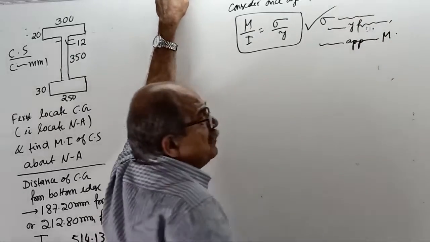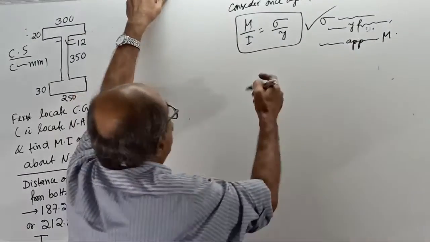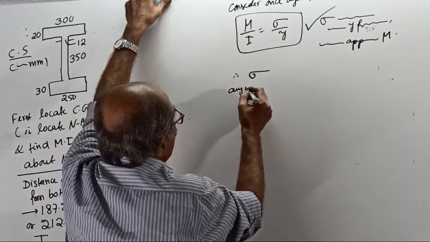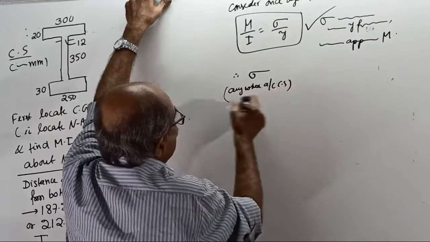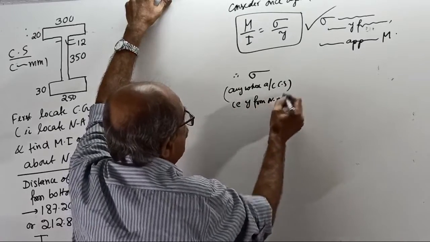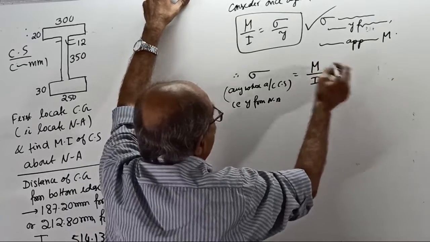I is the moment of inertia of the cross section about the neutral axis. Therefore, you can tell sigma anywhere across the cross section at Y from the neutral axis equals M divided by I into Y.